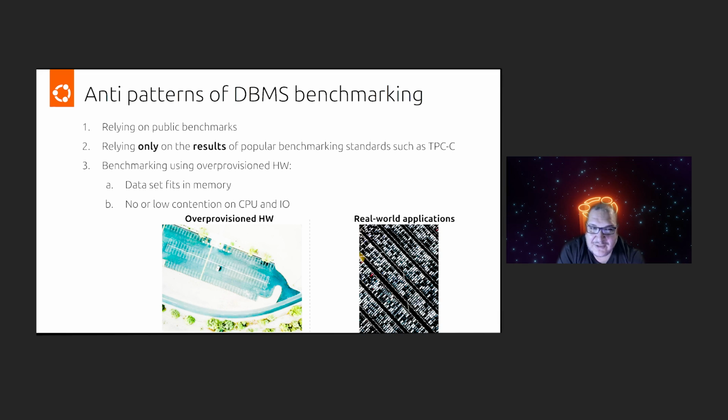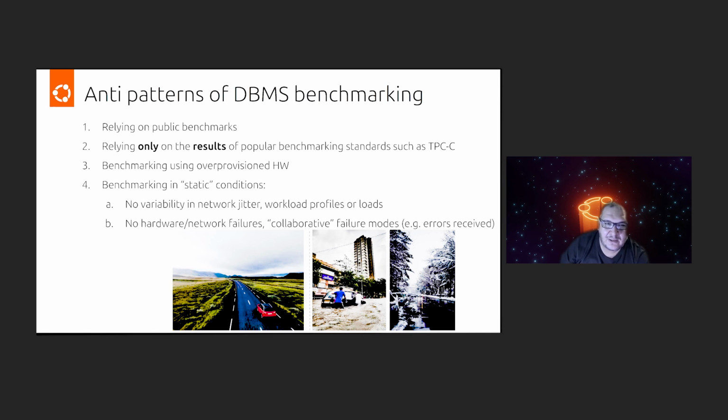But if that's not the case, then this is not realistic, and you need to care for that. The other typical example is where you have no or very low contention on CPU and IO side: you have a lot of drives that are striped, and then you have basically no contention at all, and you claim victory. And here I was just trying to explain the difference in pictures between over-provisioned hardware and real-world applications.